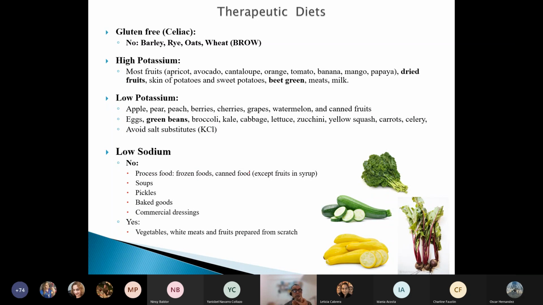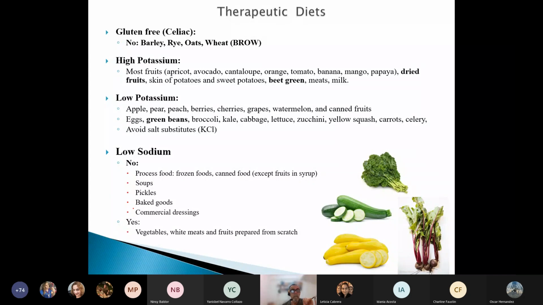So again, low sodium. Low sodium, of course, is in processed food. So anything that comes in a processed way, half cooked or semi-prepared or totally prepared, is high in sodium, with the exception of fruits and syrups, as I said before.